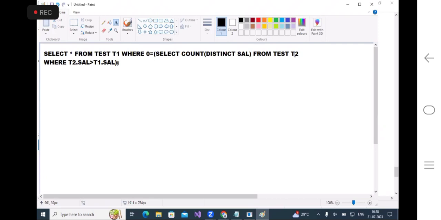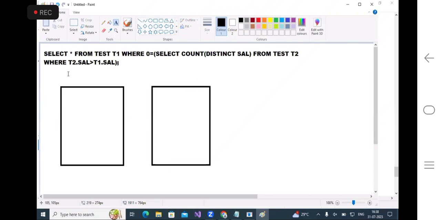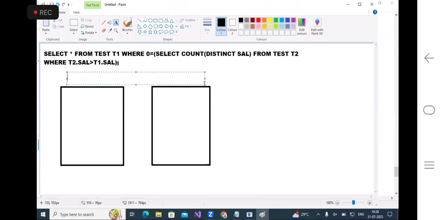When we create an alias name on a table, internally Oracle prepares virtual tables. So how many virtual tables will be prepared here? Two. First this one, and one more this one.